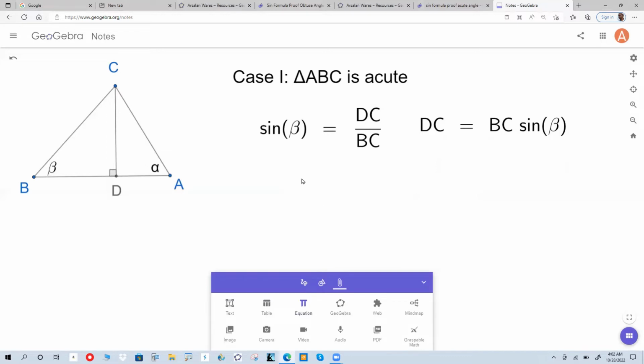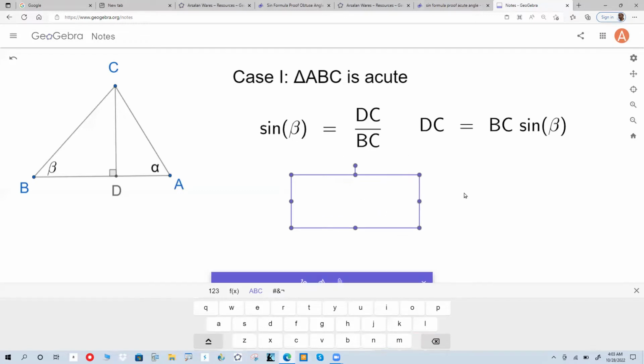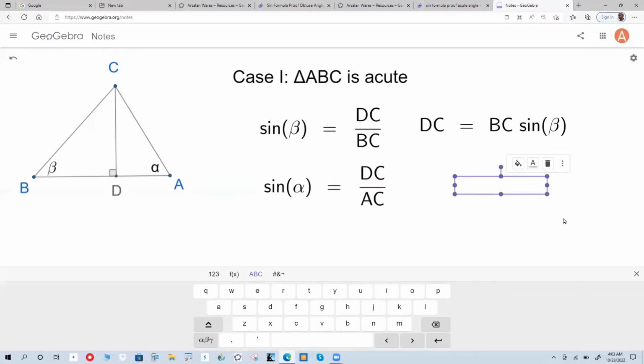Using the very definition of sine alpha, which is really angle CAD, I can say sine alpha is equal to opposite by hypotenuse. And that allows me to draw the following conclusion. DC is equal to AC times sine alpha.